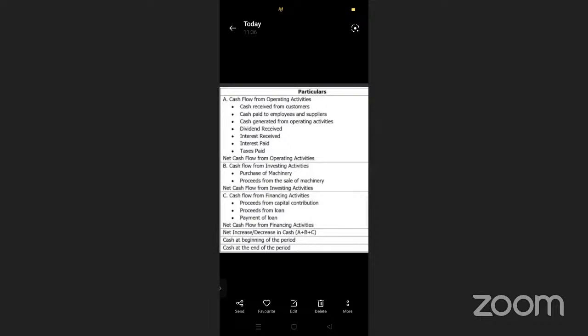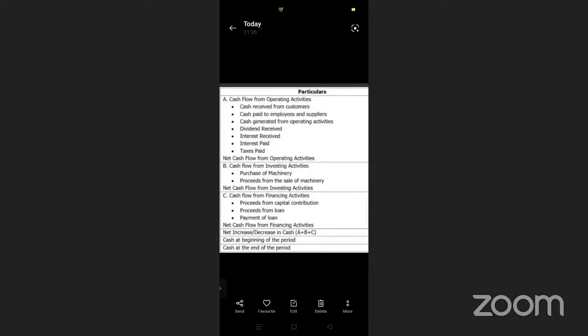Next comes cash flow from financing activities. The third head is cash flow from financing activities. So what comes under financing activities? See, we have done with the profit and loss account, that is all non-cash and non-operating items. And we have done with the fixed assets, the current assets, and the intangible assets.